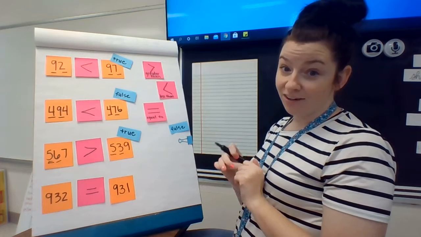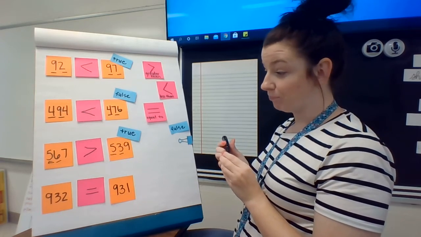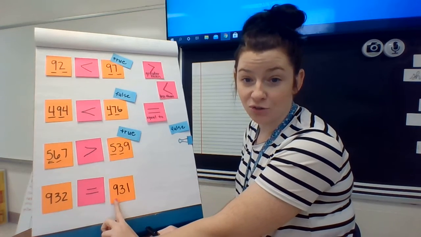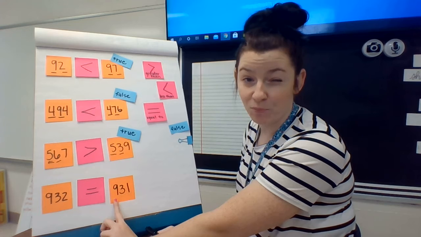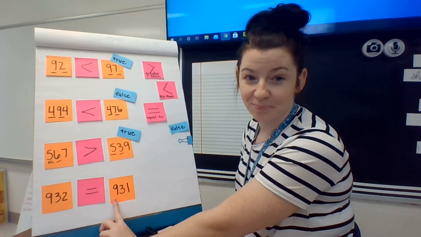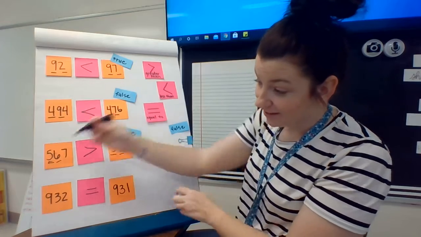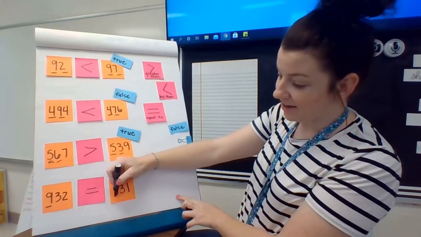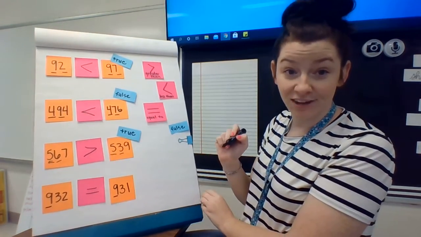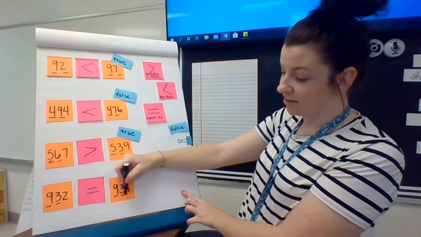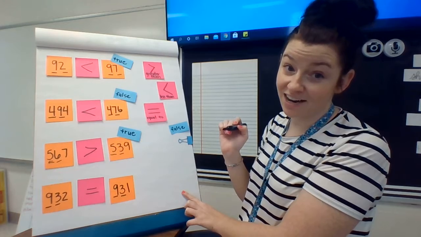And down here at the bottom, I have an equal sign. Let's look at it. My numbers say 932 is equal to 931. What do you think? Let's check. Look at our hundreds place first. I have a 9 and a 9 in my hundreds. They're the same. Let's look at tens. I have a 3 and a 3. They're the same.